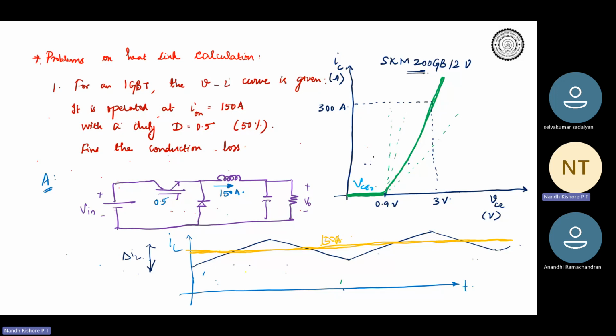How will you find out RCE from this curve? This potential is 300 amps divided by this 3 volt, the ohmic region. Correct. So RCE will be 1 by slope, which will be 3 by 300, or 0.01 ohms, or 10 milliohms.